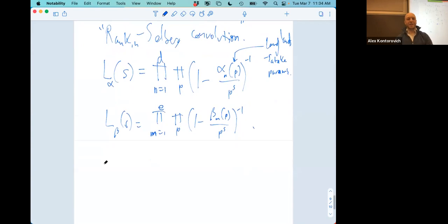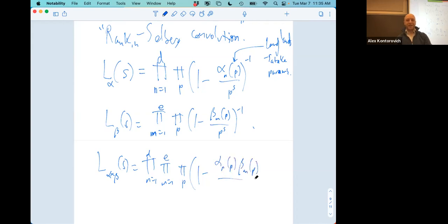Okay, then the Rankin-Selberg L function, L of A cross B of s, is a product over n from 1 to D, a product over m from 1 to E, and then a product over primes, of the product of the parameters, alpha n of p, beta m of p over p to the s, inverse.